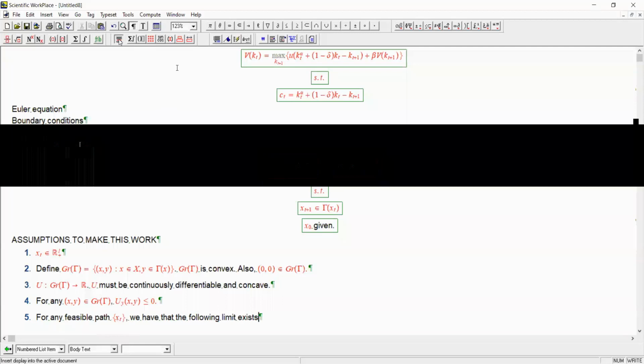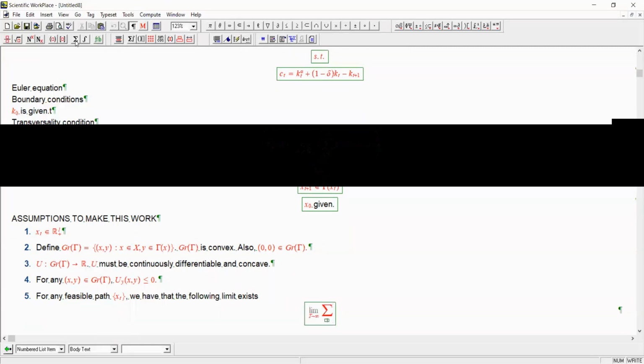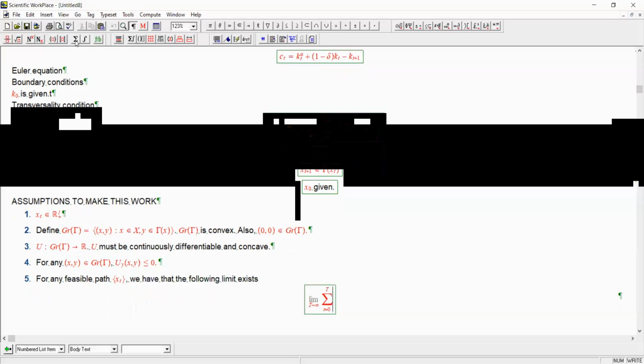And the limit that we're interested in is the limit as t goes to infinity, that's big T, of what? The sum from 0 up to that T of the discounted function here. We need that limit to exist.